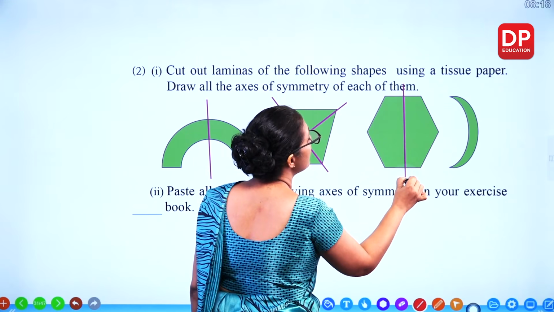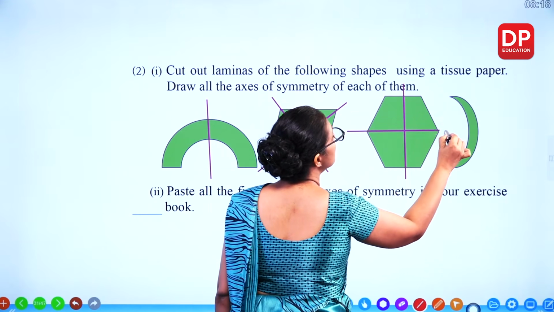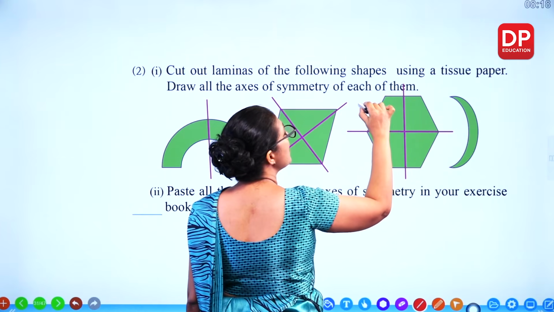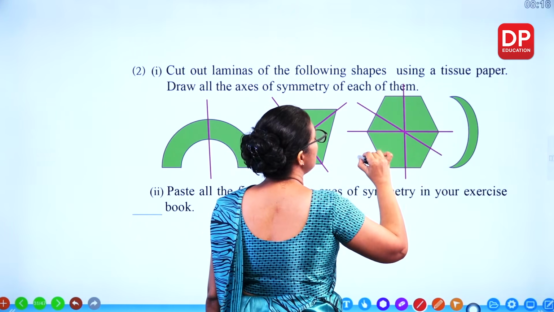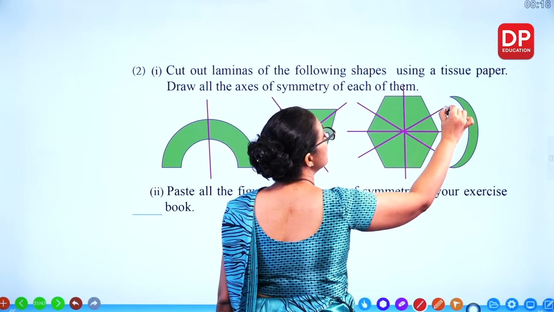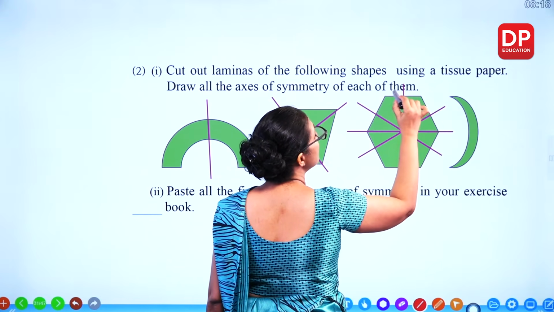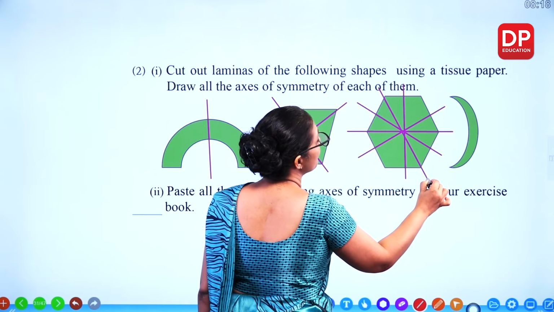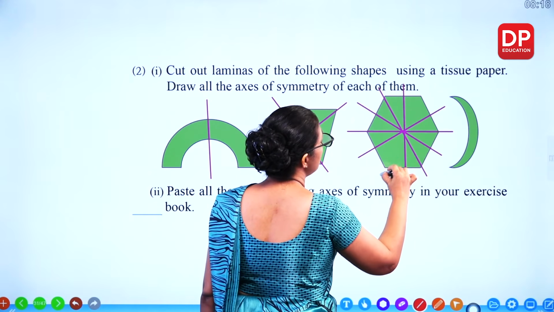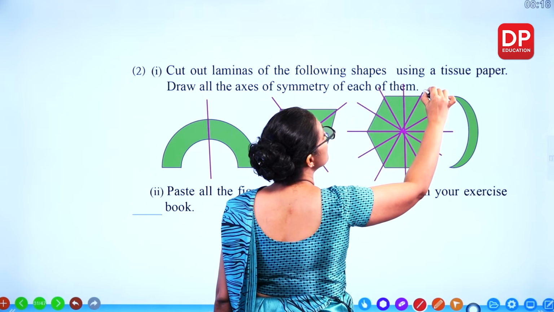I can draw here, this way, here and here. And also I can connect these points also. This one here and this one there.